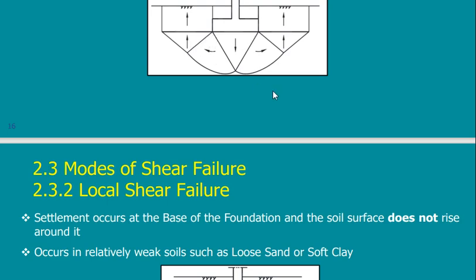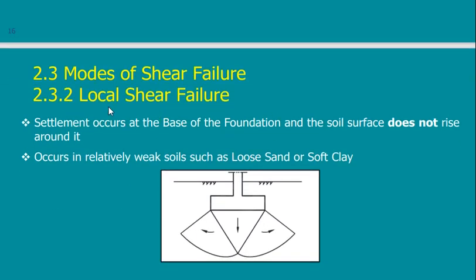It will not affect any other part. So this is called local shear failure. Local shear failure is the same as the general shear, but the load does not go beyond this wedge. This is the end of it. Of course, this is for loose soil and soft clay.